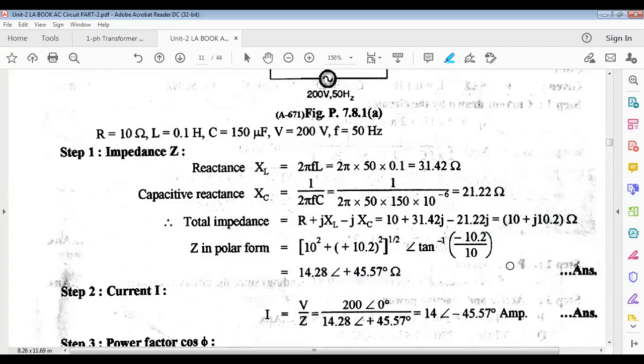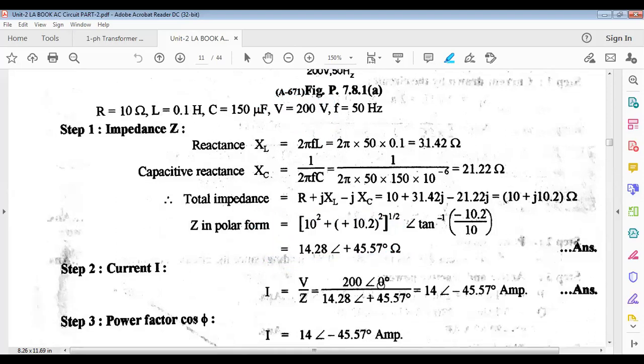So total impedance you know, total voltage you know. If you do total voltage divided by total impedance, what will you get? Total current. Correct. Very good. So see here, total voltage is 200 at an angle of 0 degrees and total impedance is in polar form.